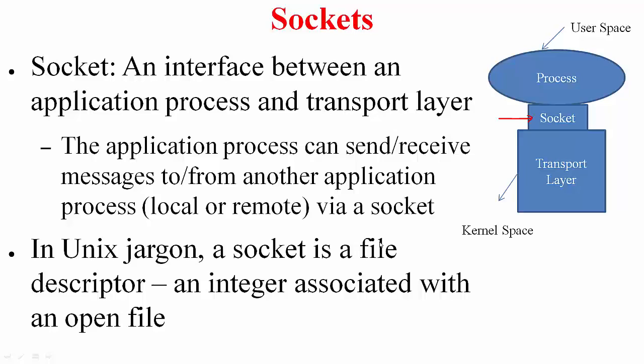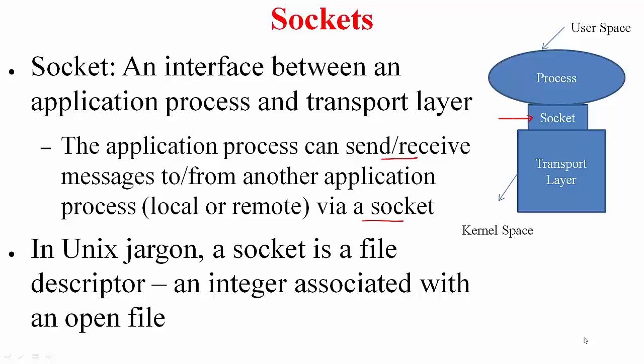And just like you write and read into a file, once you obtain a socket descriptor, the application process just sends and receives data to the other application process via this socket. So an application process writes into the socket, the transport layer takes the data and delivers it to the other end process, and the other end process reads from its corresponding socket.